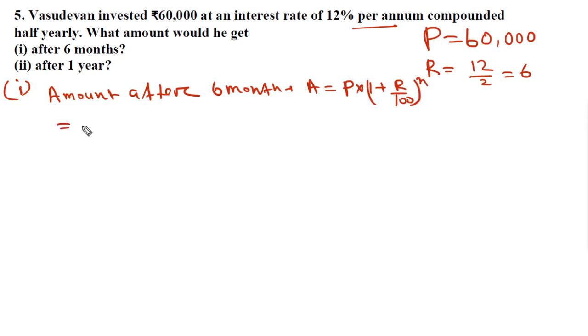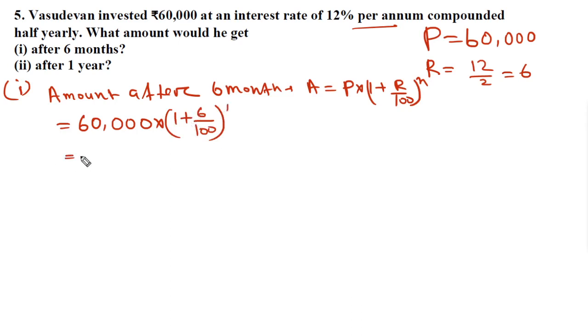So it will be equal to, principal is your 60,000 into 1 plus R, your rate of interest, 6. So 6 by 100 to the power n, which means to the power 1 here, only one time compounding.